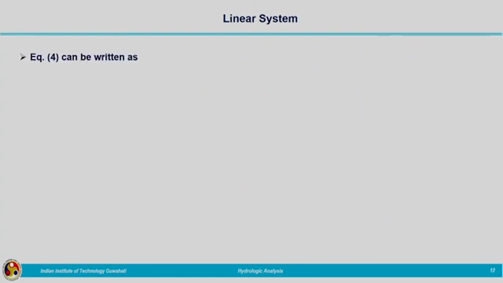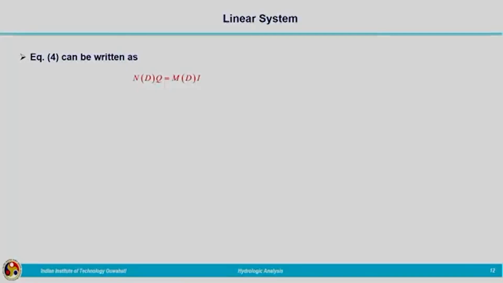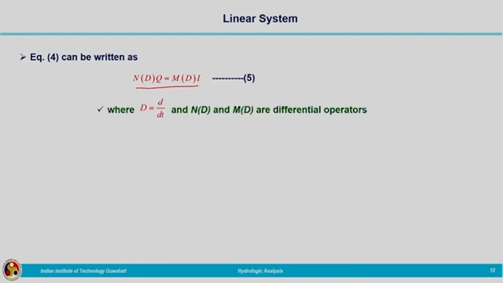Now, that can be rewritten again, since carrying the entire term together will be difficult. So, we are making certain substitutions in order to make it very simple. This can be written as N(D) Q is equal to M(D) I, where D represents d by dt, and N(D) and M(D) are the differential operators. The d by dt terms are the differential operators.